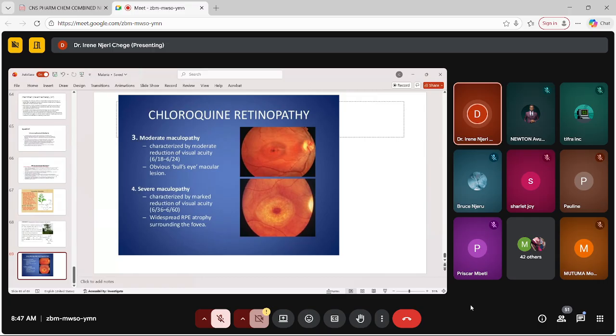The reason I'm telling you SP is because SP is still available. Before artemether lumefantrine, sulfadoxine pyrimethamine was the standard for treating malaria in Kenya. SP was cheap. It's quite affordable, even now.